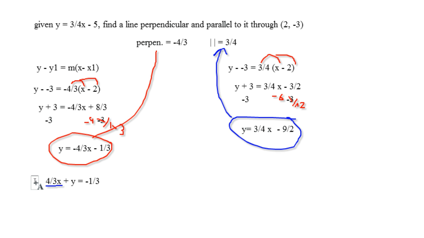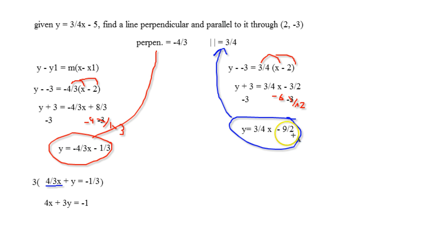So it's almost like 3 parentheses, and then you distribute the 3 to each part. So this becomes 4x plus 3y equals negative 1. So that's standard form for that one.